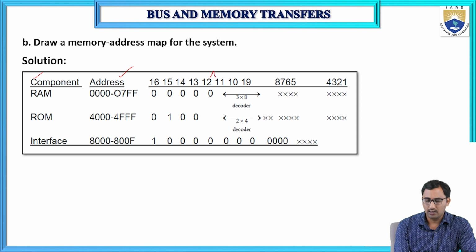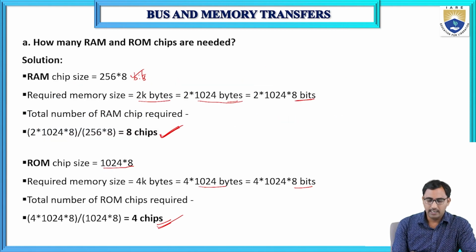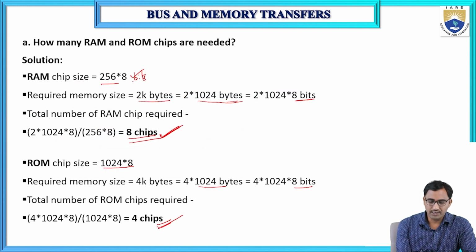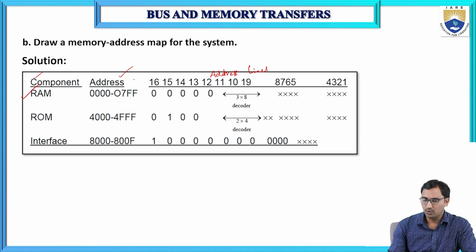The first one is the RAM. In total we have 8 RAM chips, and the size of every RAM chip is 256 by 8.